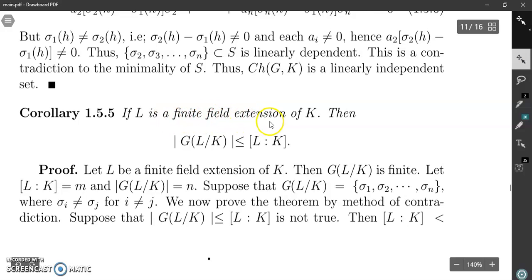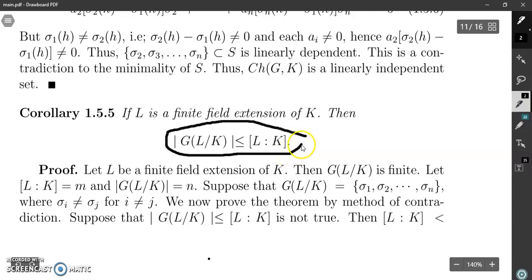If L is a finite field extension of K, then the Galois group of L over K has order at most the degree of L over K. That means the order of the Galois group of L over K is always less than or equal to the degree of L over K. Degree of L over K means the dimension of the vector space L over K.